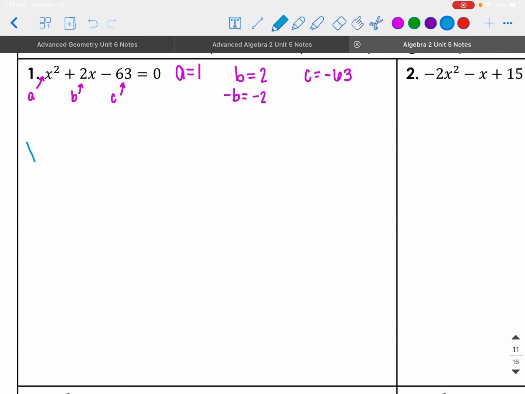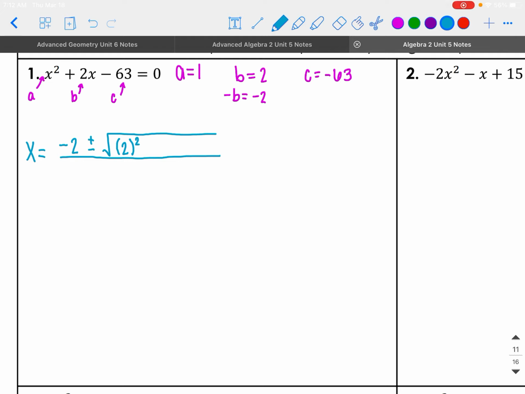All right, so let's go to our formula. X equals, we have our fraction. Look back at your formula. It starts with negative b, so negative 2, plus or minus the square root of b squared, so (2) squared.